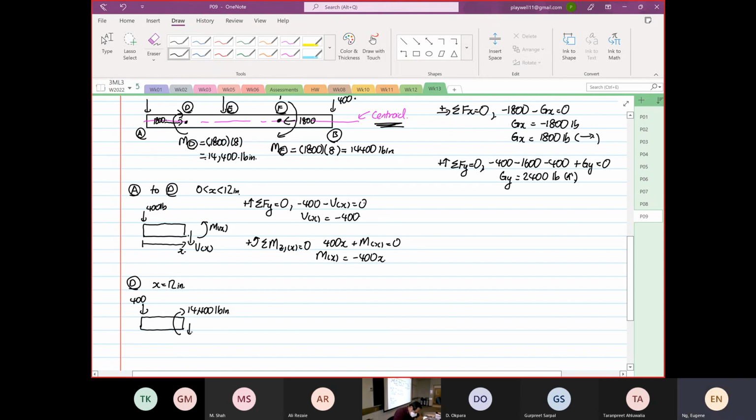So still V at point D and M at point D. Positive is going up, summation of forces is equal to 0. So this is still equal to minus 400 minus V at point D is equal to 0. V at point D is still equal to minus 400 pounds.